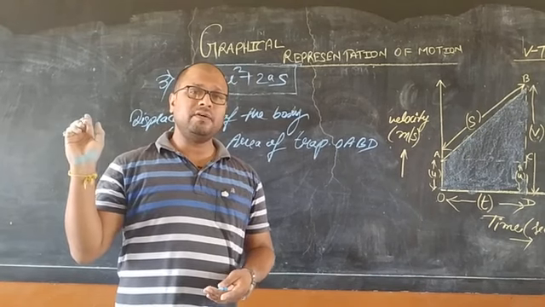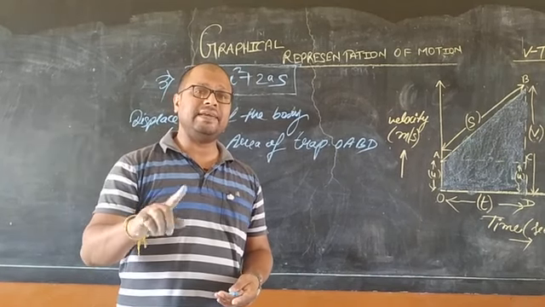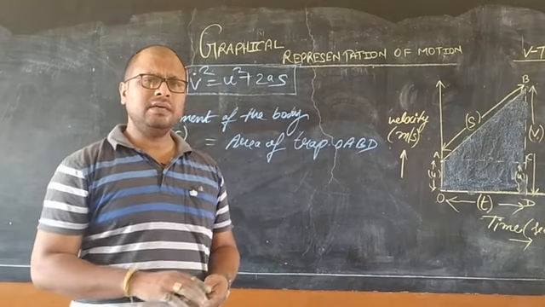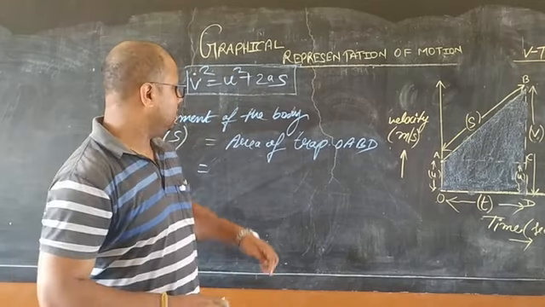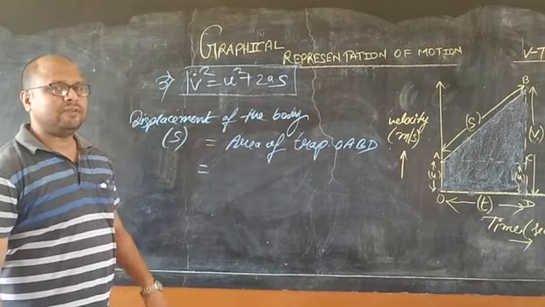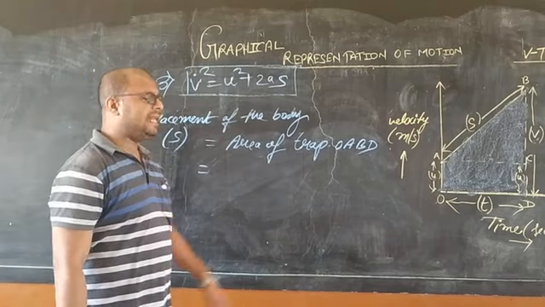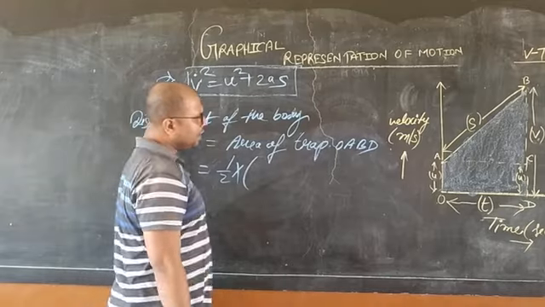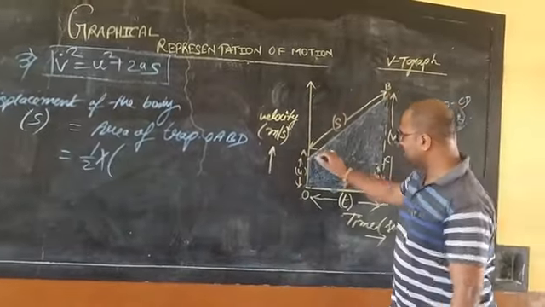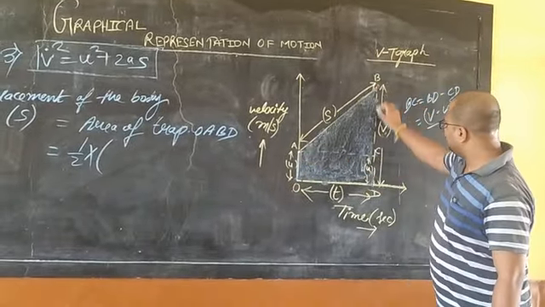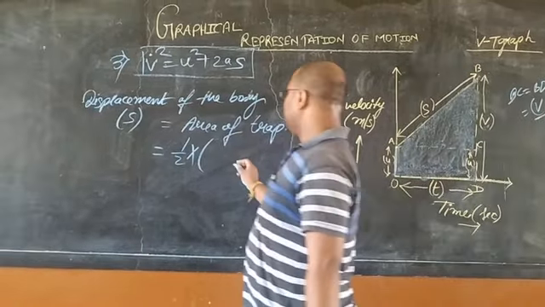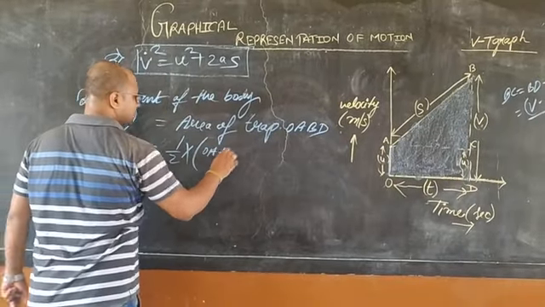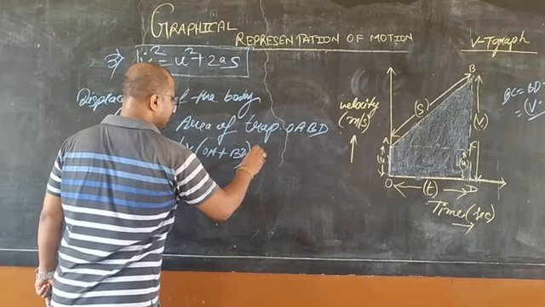The previous formula that we used also exists when we have a right angle triangle and a rectangle. But the most authentic formula for finding the trapezium's area is half into sum of parallel sides. What are the parallel sides here? Students, OA and BD. So OA and BD are the parallel sides.